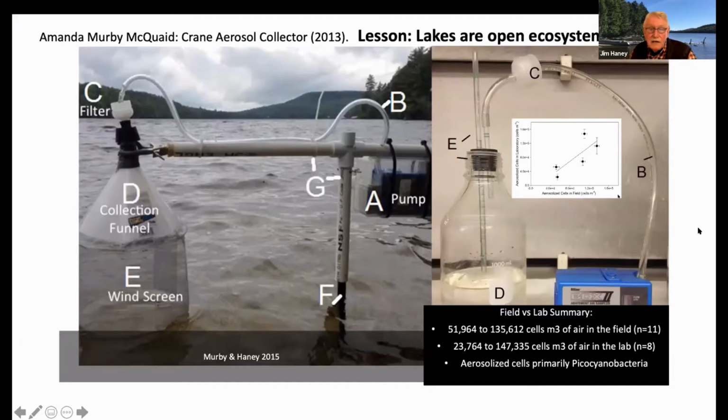So this set us off on a quest to learn more about potentially aerosols coming out of lakes. Amanda Murby McQuaid was at that time a graduate student in my lab working on her PhD. She and I spent some time developing a system to collect aerosols.